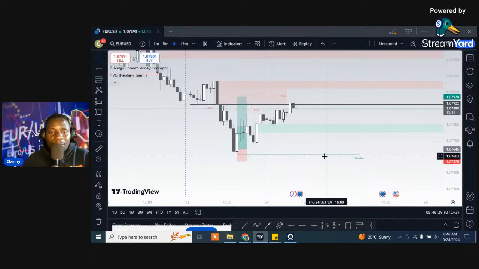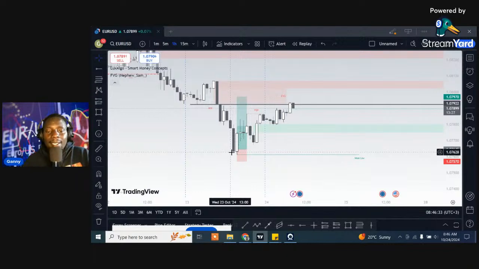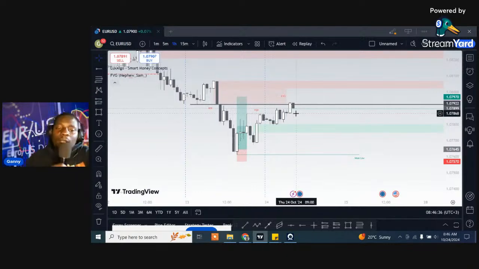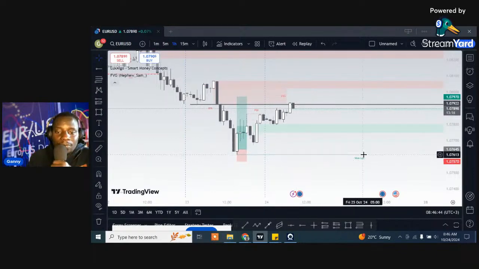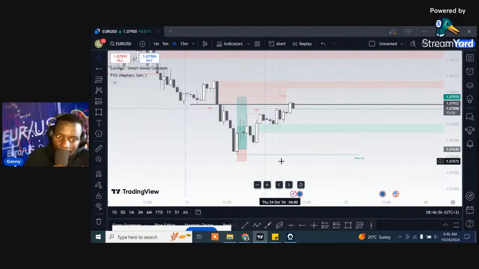So from the previous day, what do we have? We have bearish price action right there, and then price changed delivery. So from the previous day, what are the key levels that we are looking out for? Price formed its low of the day at this particular level right here at 1.07613. That was the low of the day. So do we have any area of interest when it comes to this lower side?